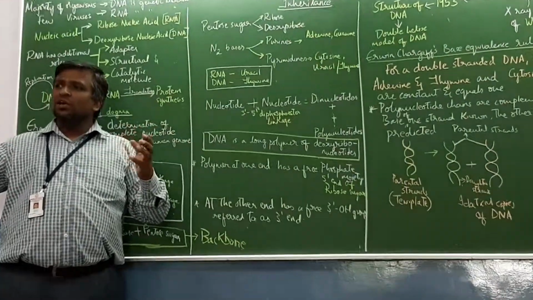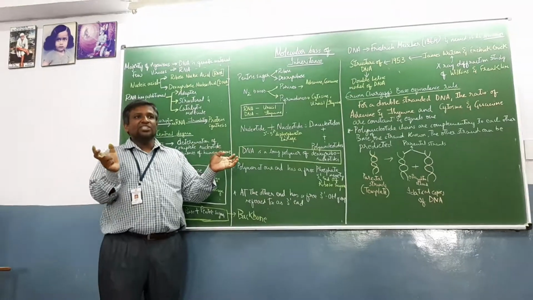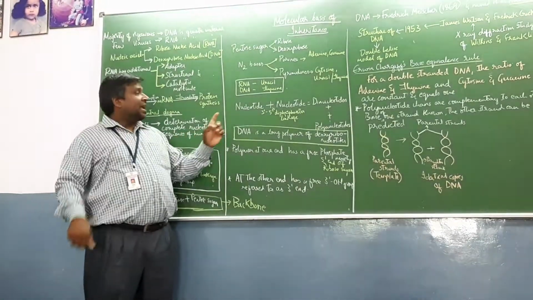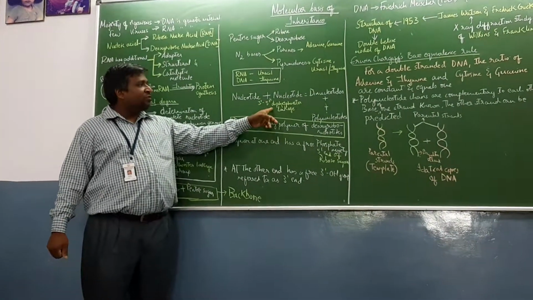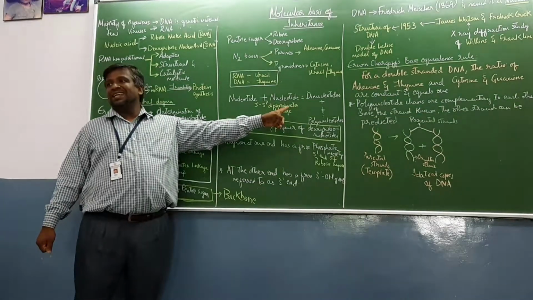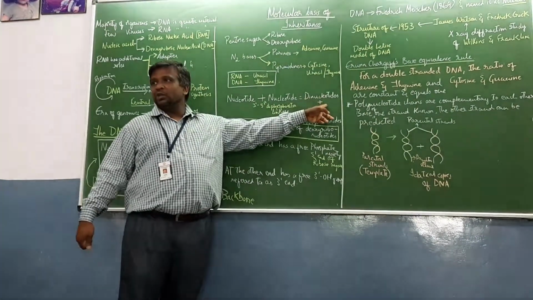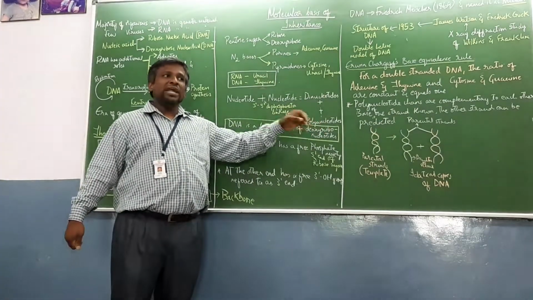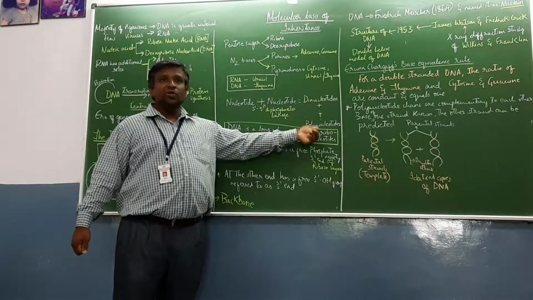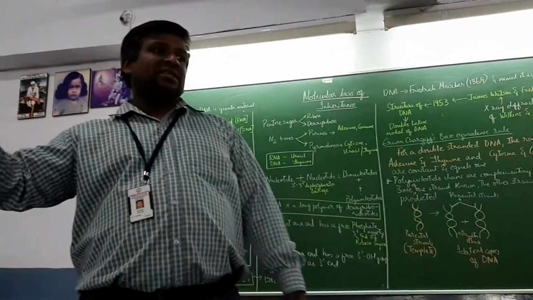In polynucleotide, first understand dinucleotide. One nucleotide getting attached to another nucleotide, we call it dinucleotide. That linkage is from 3' to 5' end, the linkage that forms is the diphosphoester linkage, because two nucleotides are there and they form a dinucleotide. If more nucleotides are added to this dinucleotide, we get polynucleotides, also called a polymer of nucleotides.